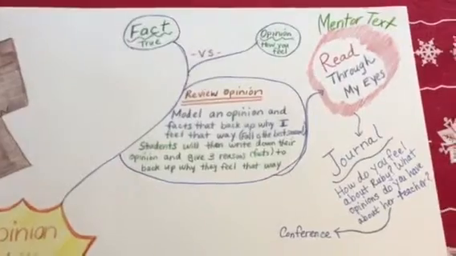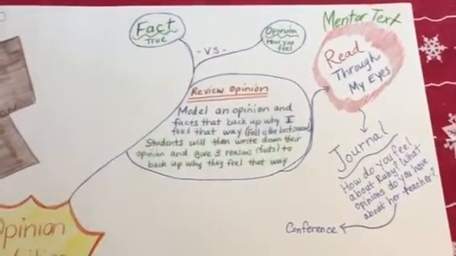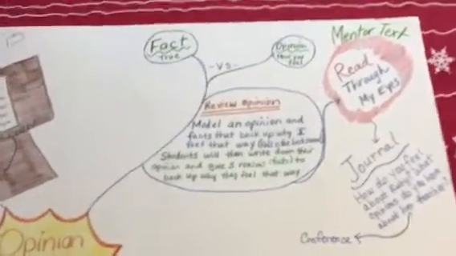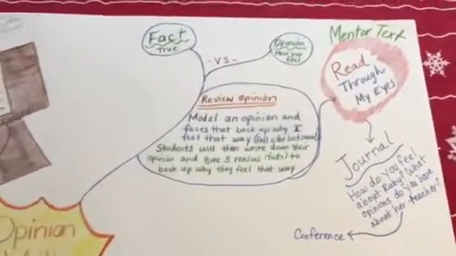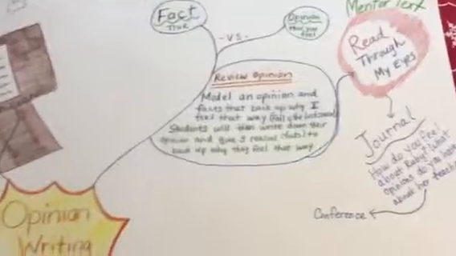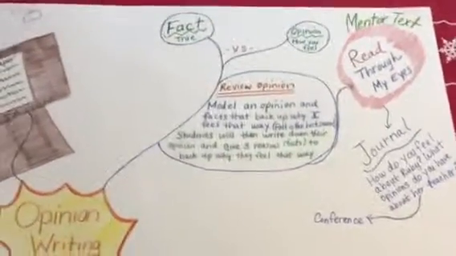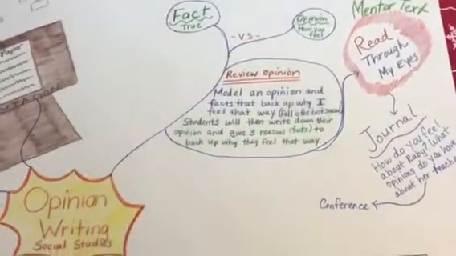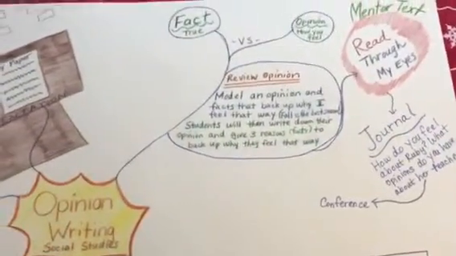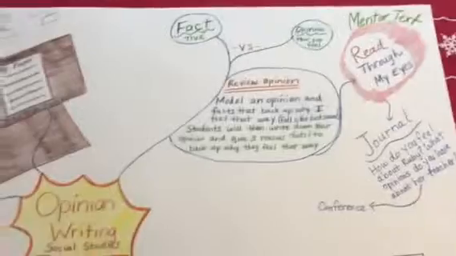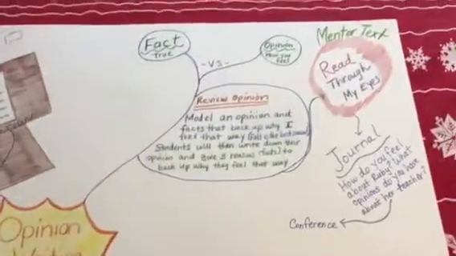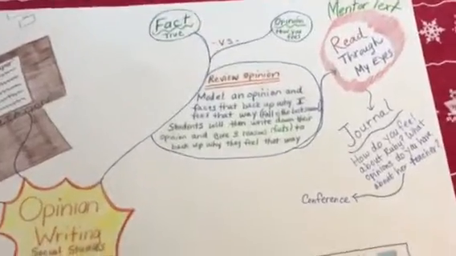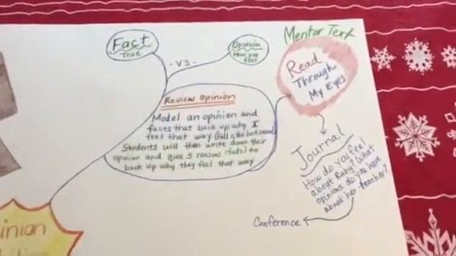I would then show them 3 different facts that would support my opinion, such as the weather is an average of 65 degrees and the leaves fall from the trees. And Thanksgiving and Halloween are in fall, and they're my favorite holidays. So once I do it, I would have them do the same thing and pick a season and tell me what their opinion is and 3 facts that would support it.